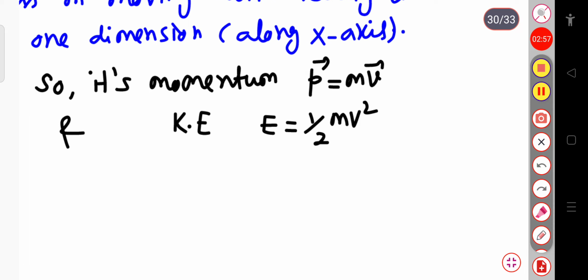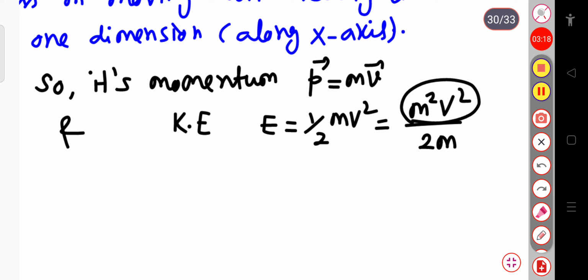Or simply I can write it by multiplying m in the numerator and m in the denominator, so this will be m square v square divided by 2m. Now m square v square is nothing but p square, the linear momentum squared, divided by 2m.